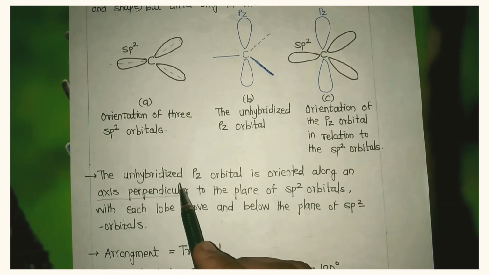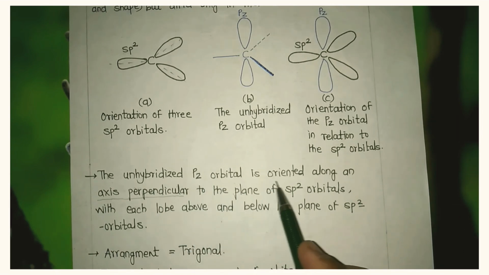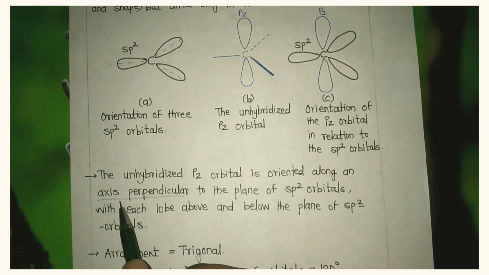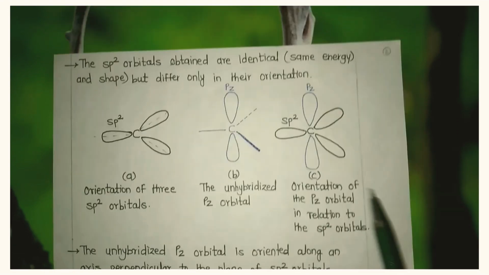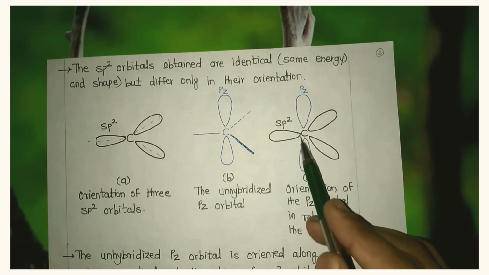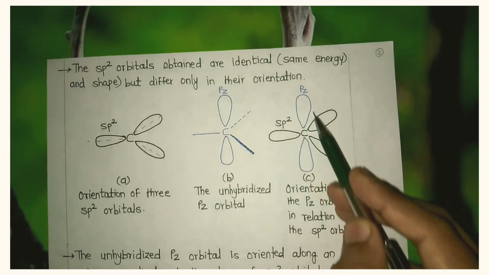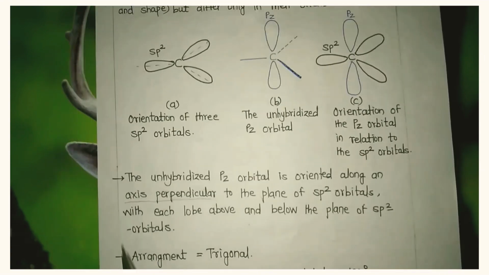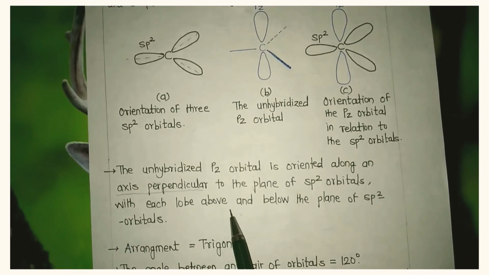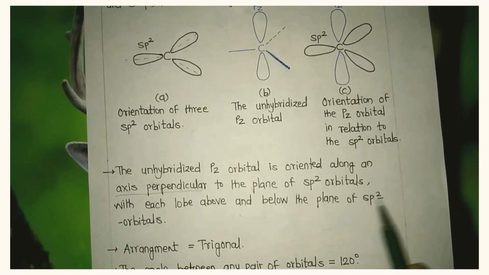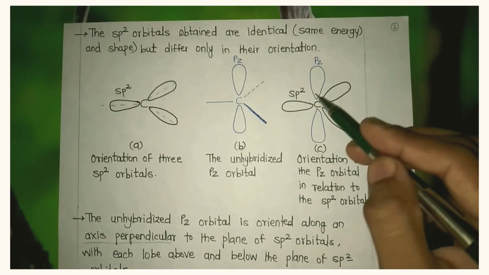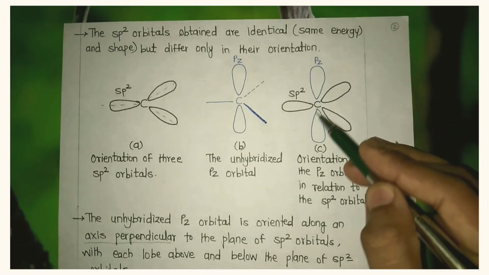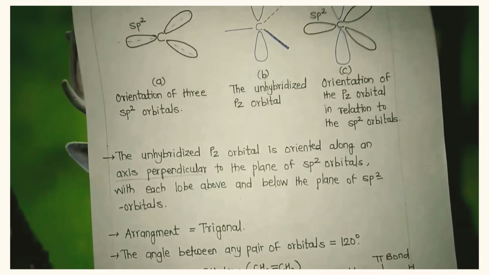The unhybridized pz orbital is oriented along an axis perpendicular to the plane of the sp2 orbitals, with each lobe above and below the plane. This one is above the plane and this is below the plane.